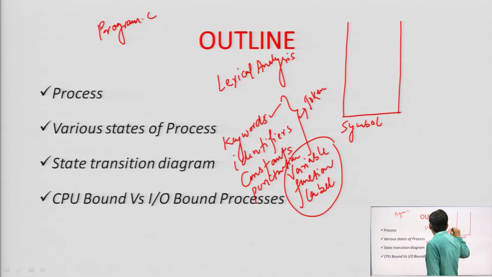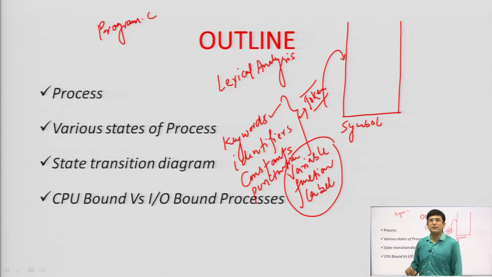The different elements that we identify in our program become the tokens, and we give space to all these tokens in the symbol table. Now, this symbol table is prepared for reference in the future also. So, this symbol table will remain with the program until the execution of the program completes. So, a symbol table is a very important element for a program.